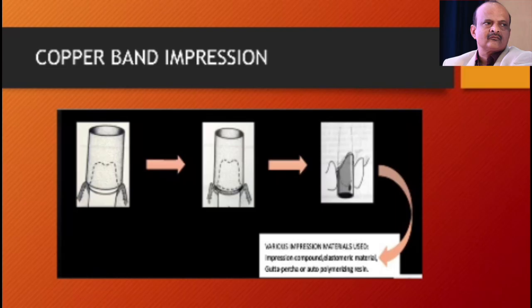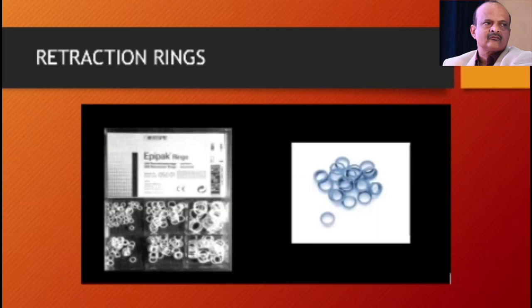Once we do this, the copper band can be filled with impression compound, or an elastomeric putty impression material, or gutta percha, or autopolymerizing resin. So this entire process may ensure mechanical pushing of the free gingival margin away from the finish line.